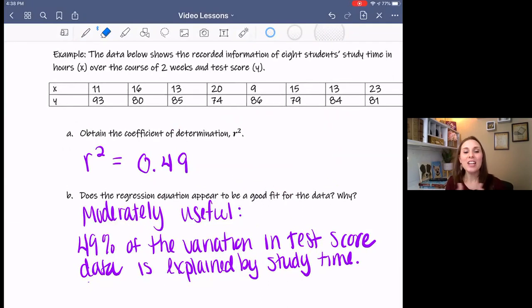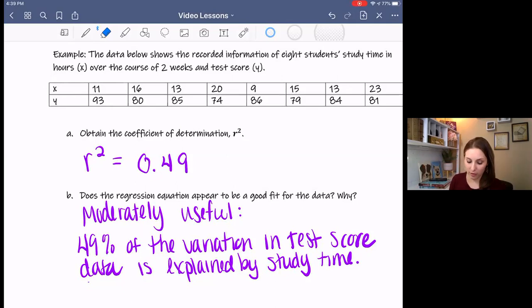Isn't that so neat? So if you find the coefficient of determination, you could just square root that number, and that'll give you the numerical value of the correlation coefficient, not the sign necessarily. You have to see that from the slope, but at least it gives you the value so you don't have to do that entire table. So you do the square root of 0.49, and that gives 0.7, which is close to the value of our correlation coefficient.